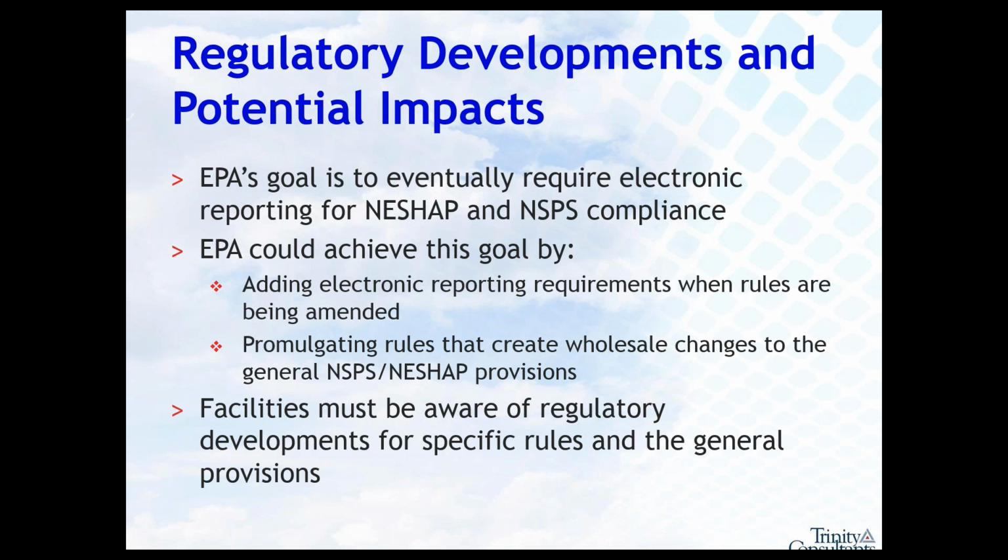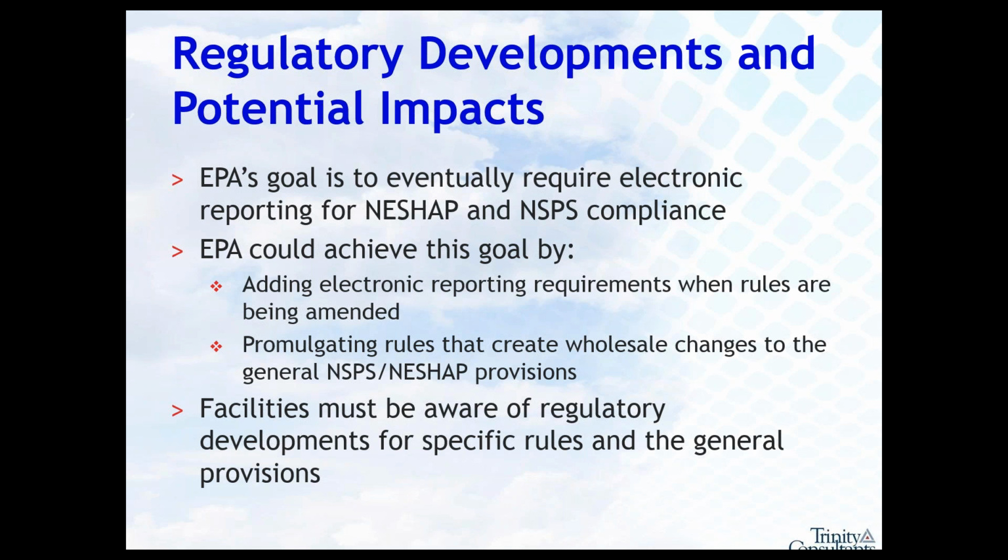EPA can use a couple of different regulatory mechanisms to require electronic reporting. They can modify individual rules when they're open for amendment to add electronic reporting requirements, or they can make wholesale changes to the general provisions of the specific NSPS standards.